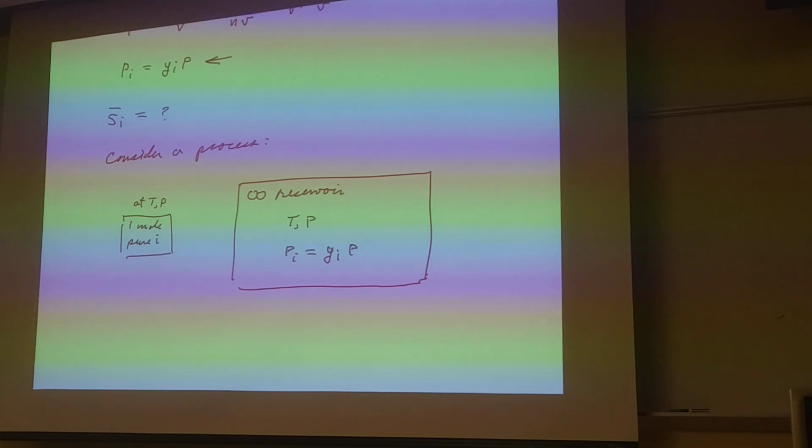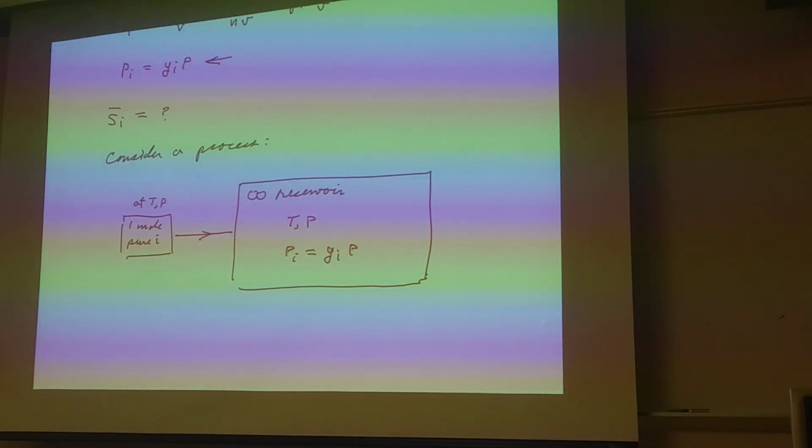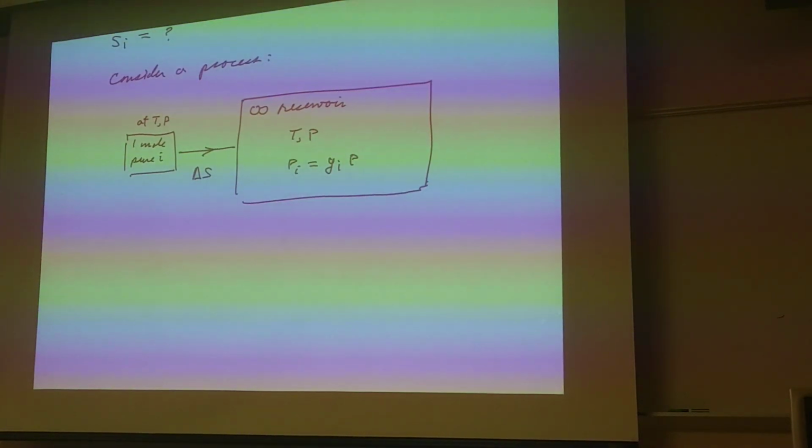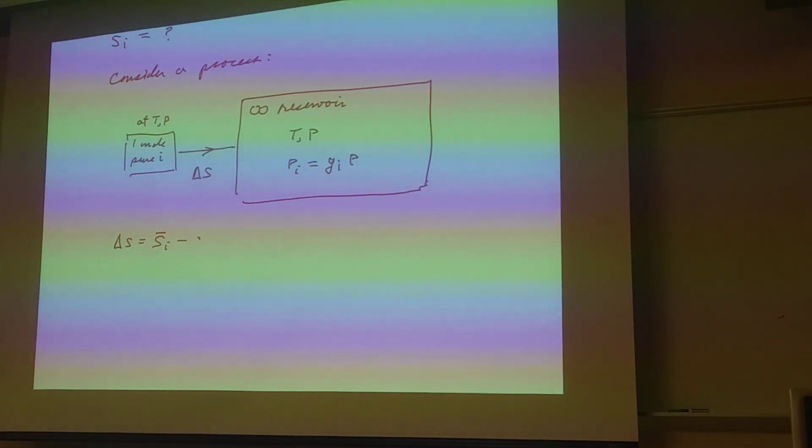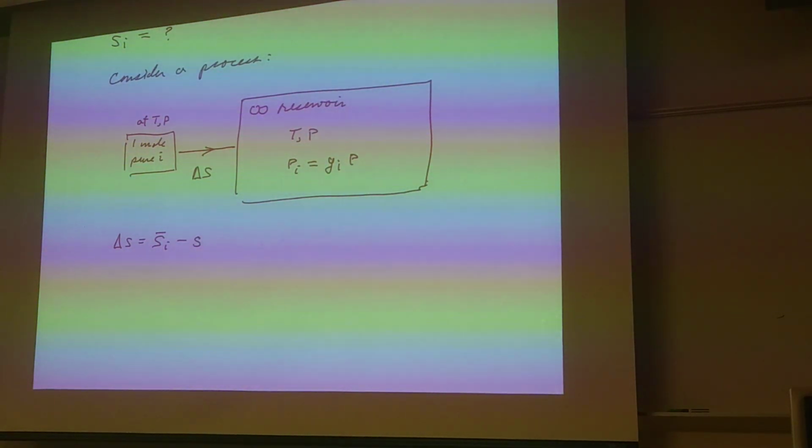I want to consider the process where I'm adding that 1 mole to the mixture. If I calculate delta S for that process, delta S is going to be equal to whatever the partial molar entropy is in the final mixture, minus what it was as a pure component. I'm trying to write that a little bit smaller, little s_i^0.